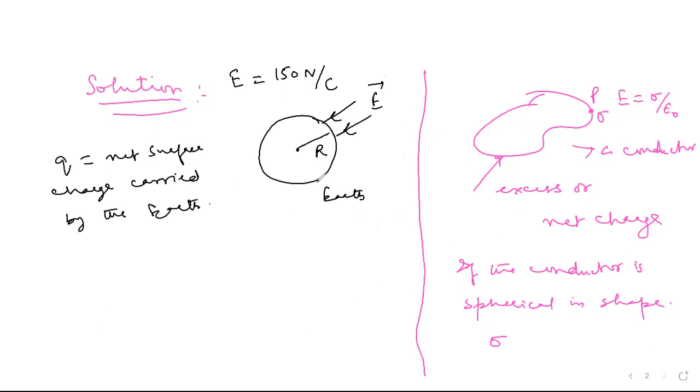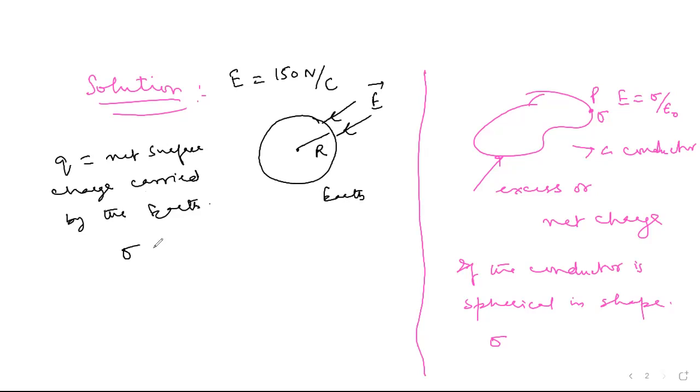Now, therefore, as you know, lines of force terminate on negative charges, so if Earth's electric field points downward, its average surface charge density must be negative.